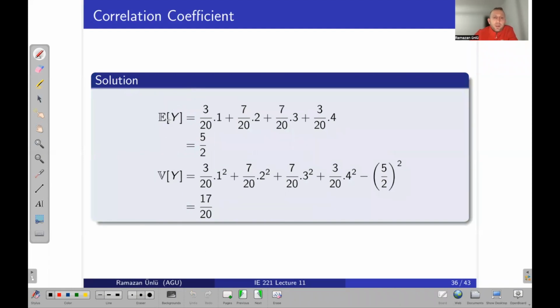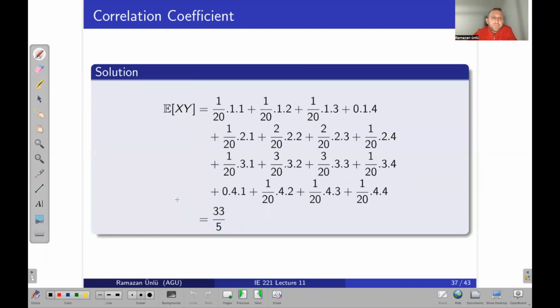And the expected value of y will be 5/2 if you do the same calculation. And for the variance of y, again, we make the calculation based on the expected value of y squared minus the square of the expected value of y. And then I will get 17/20. Okay, so now I know the expected value and variance of x, and the expected value and variance of y.